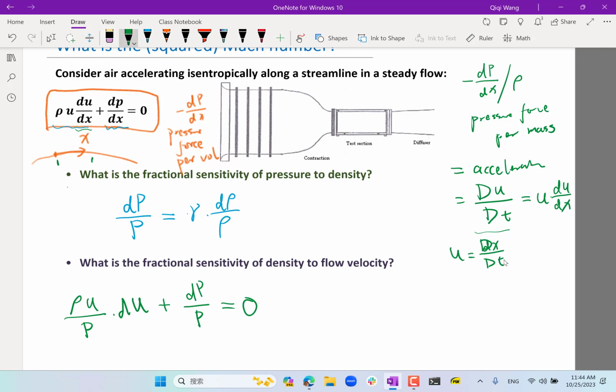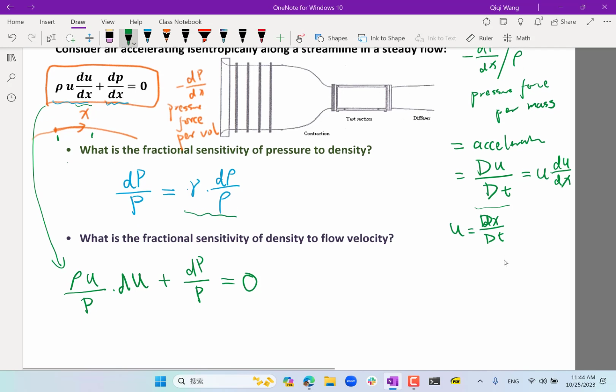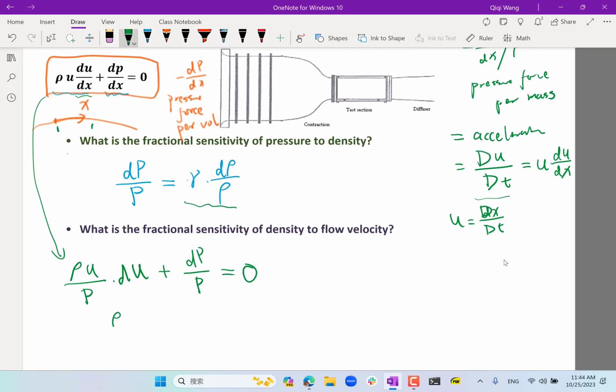That's directly from this equation. We can then substitute dp over p with gamma times d rho over rho. So rho u over p times du plus gamma times d rho over rho is equal to 0.